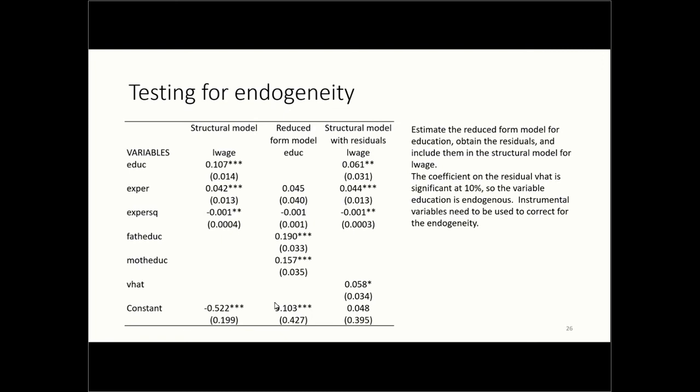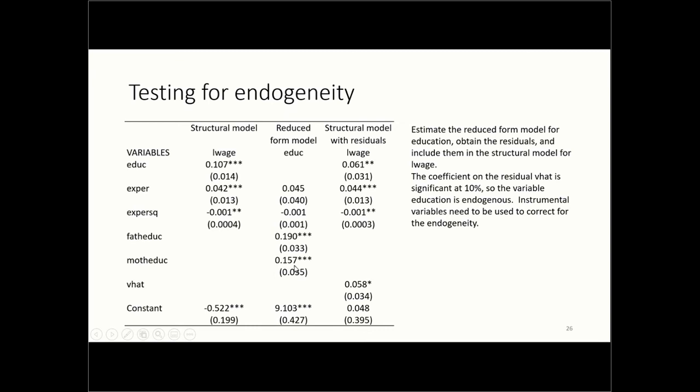So here is the model again. And everything would be the same up to here. This is the structural equation model that we have. Then we have the reduced form model, education regressed on the two exogenous variables and the two instruments.